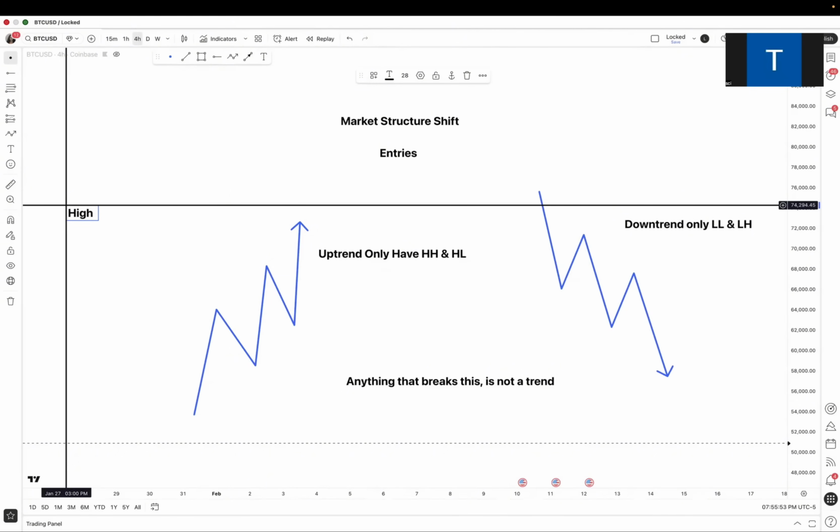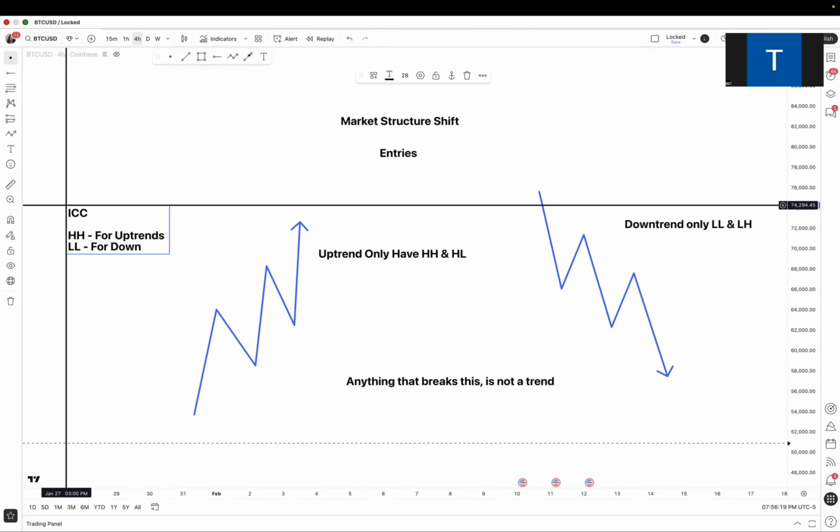Well, actually, yeah, higher highs with ICC. So ICC, indication, correction, continuation. You would use higher highs for uptrends. So let's type that.